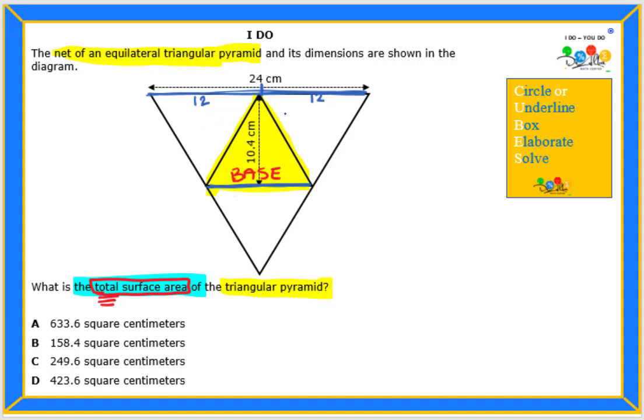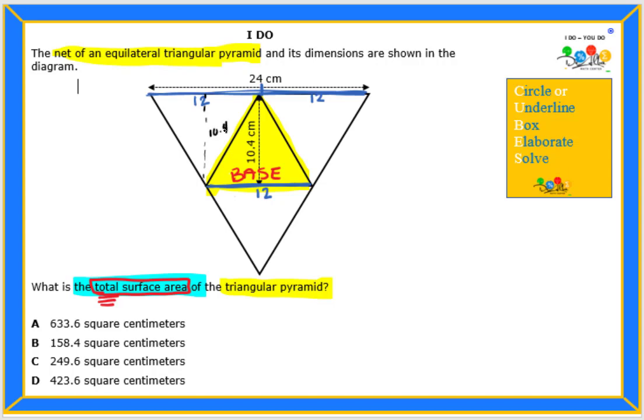Now I can see that all of these triangles are congruent. So if this is 12 and this is 12, then this is also 12. And so now I know the base. Also, since the triangles are congruent, I know that the height of these triangles are also 10.4.